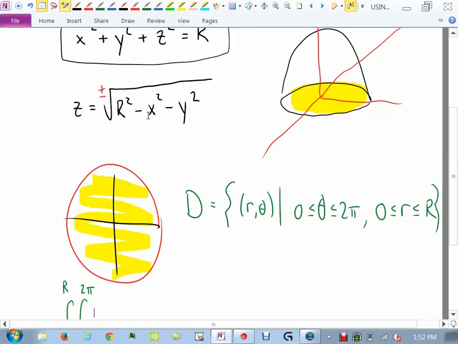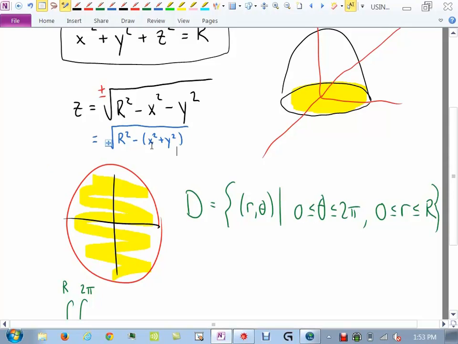But what did we just say a second ago? What is x squared plus y squared? If I come back up here and take a look at this, this is capital R squared minus x squared plus y squared.